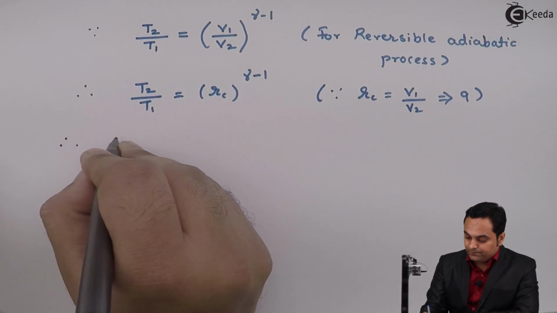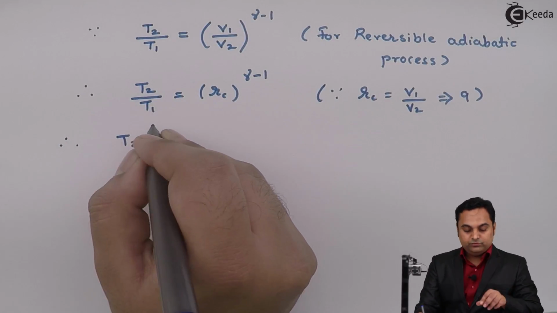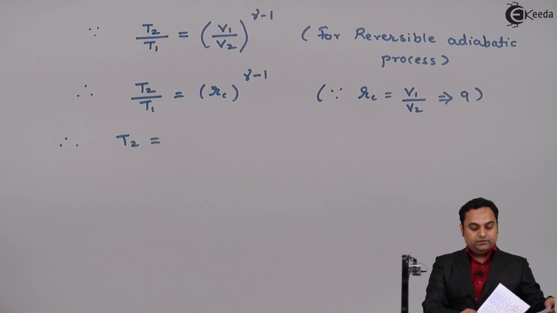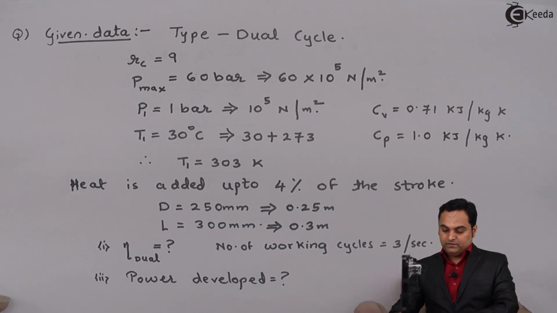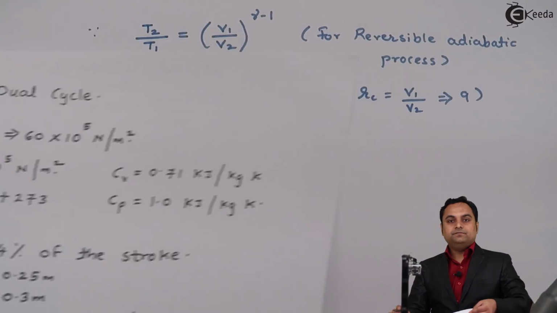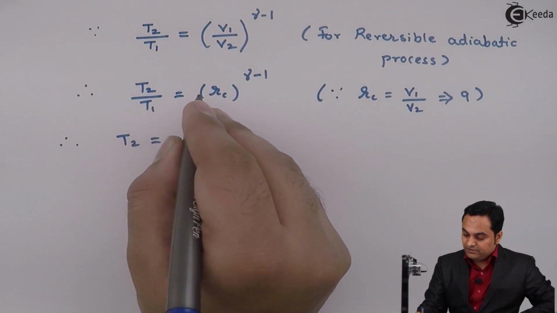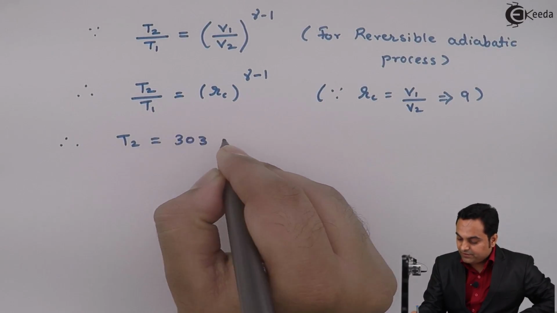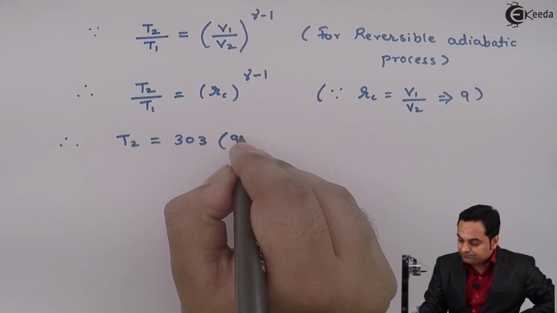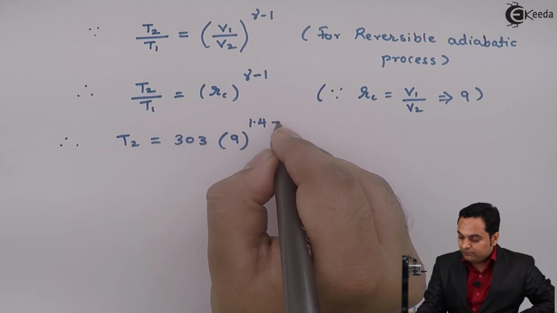Next, therefore T2 is equal to, now the T1 value is given as 303 Kelvin. So I'll multiply with T1, that is 303, times RC, 9, raised to 1.4 minus 1.